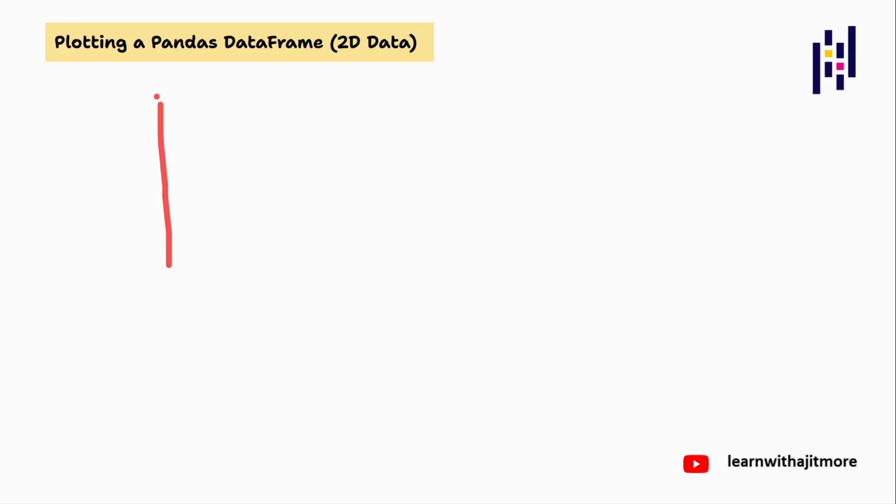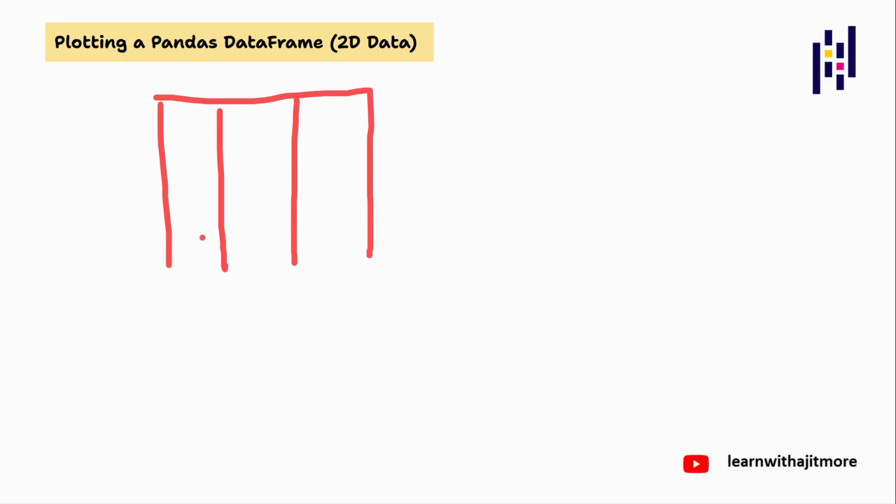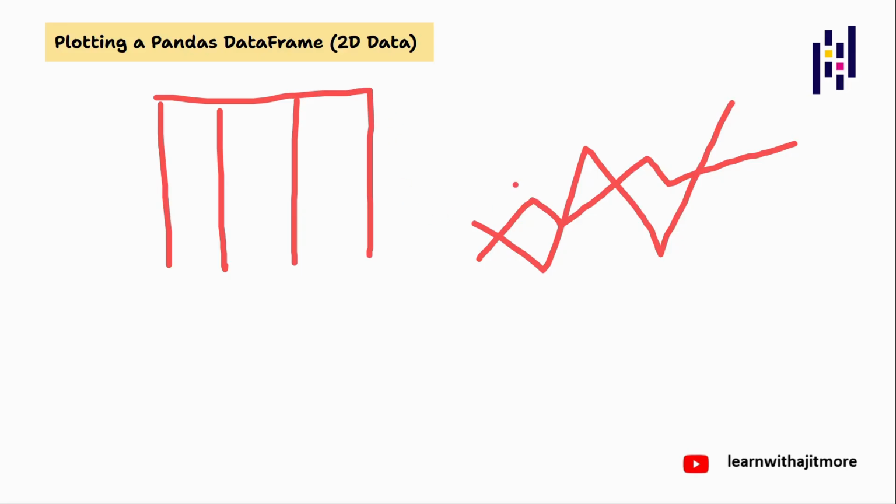So if it is made up of three columns, for one column, whatever values are there, there will be a separate line plotted. For the second column, again there will be a separate line. For the third column there will be a separate line. Getting? Or if you are drawing a bar, then for one column there will be a separate bar for each value.